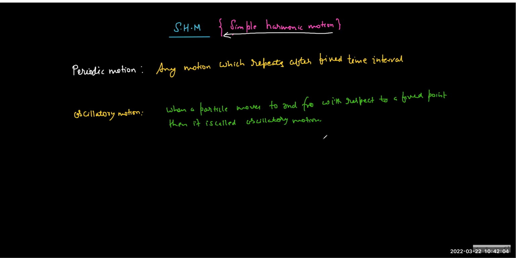Now tell me, is it necessary that if a motion is oscillatory, it must be periodic? No, there's no correlation like this. So let's say I'm driving a car, using reverse gear and forward gear.